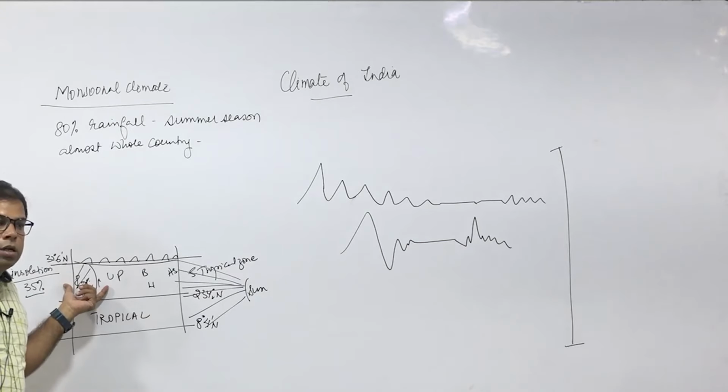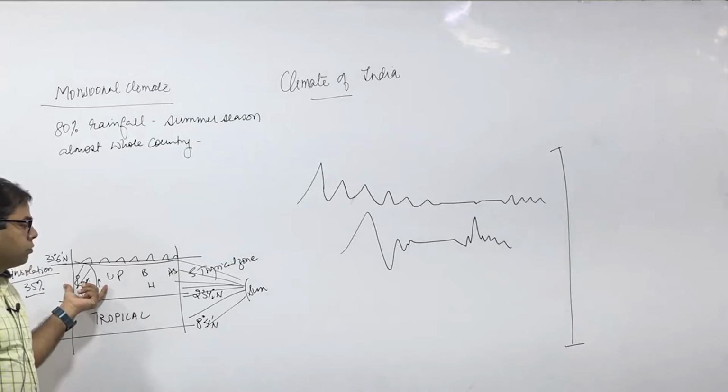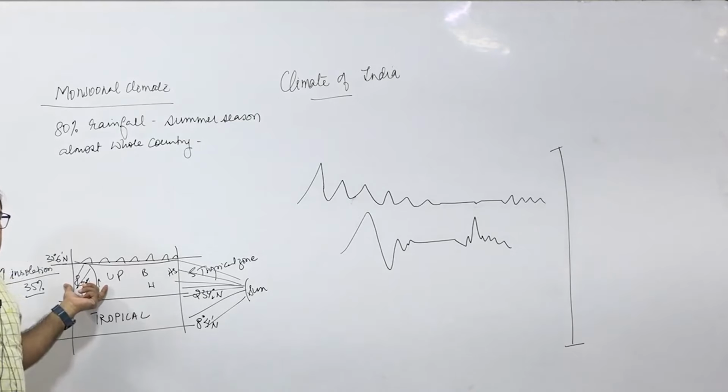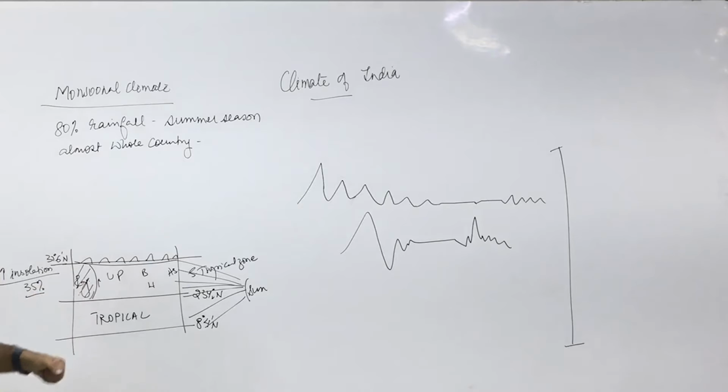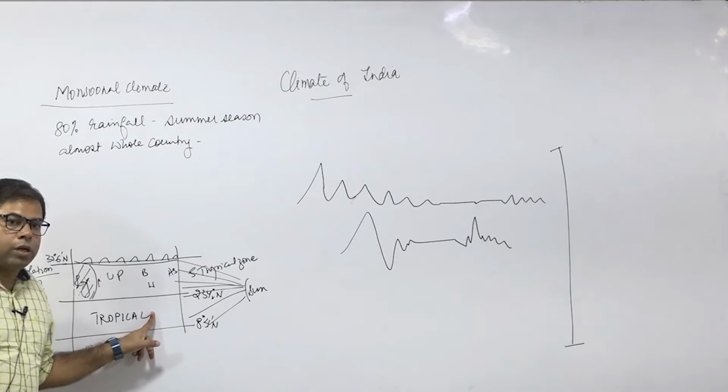Am I clear? So, will it be heated faster or not? Will the subtropical areas be heated more or less? Certainly, it will be heated more. So, high temperature has been recorded more in the subtropical region. So, the subtropical region has been heated equally to the rate of tropical areas.